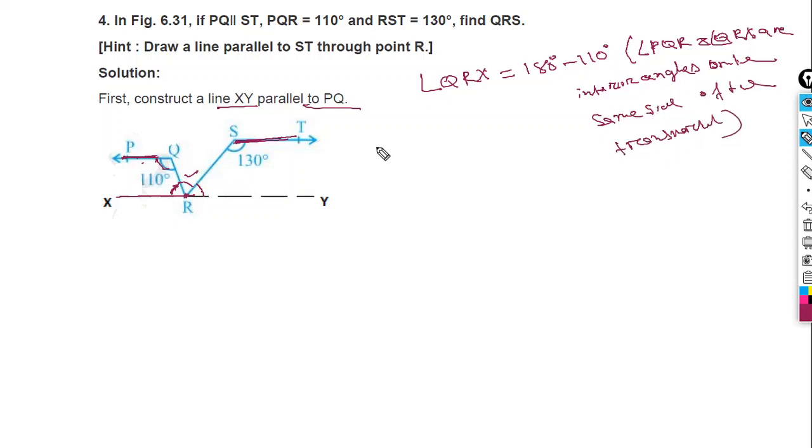You can give this reason. This implies angle QRX will be equal to 70 degrees. So we have got the value of angle QRX.